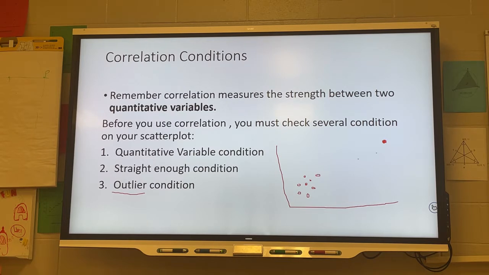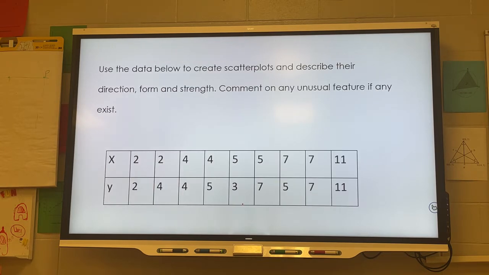Like up the top here can make it very strong. If it was down the bottom, like a lower outlier, somewhere down here, and the data points are up here, it can make your correlation very weak. So always pay attention to outliers because they affect the value of your correlation.